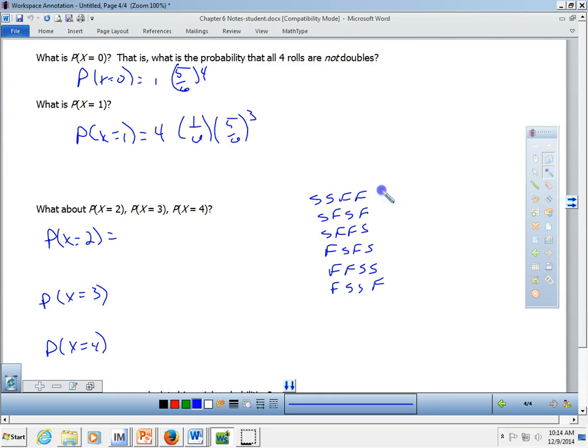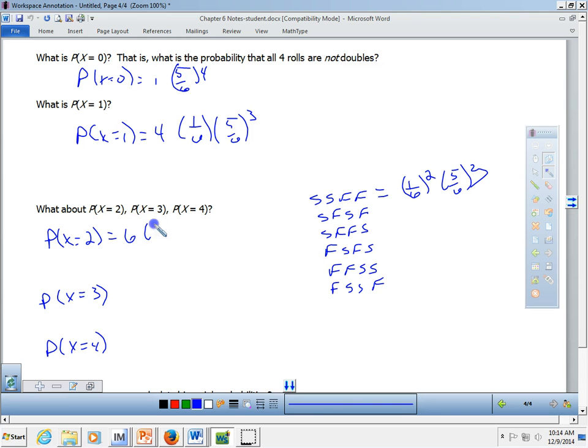So I'm going to take the same probability I get for 1, since the 6 are not going to change. So I can take the probability of one possible outcome, which is going to be success times success, or 1/6 to the 2nd power, 1/6 squared, times failure, which is 5/6 squared. And there's 6 different ways I do that.